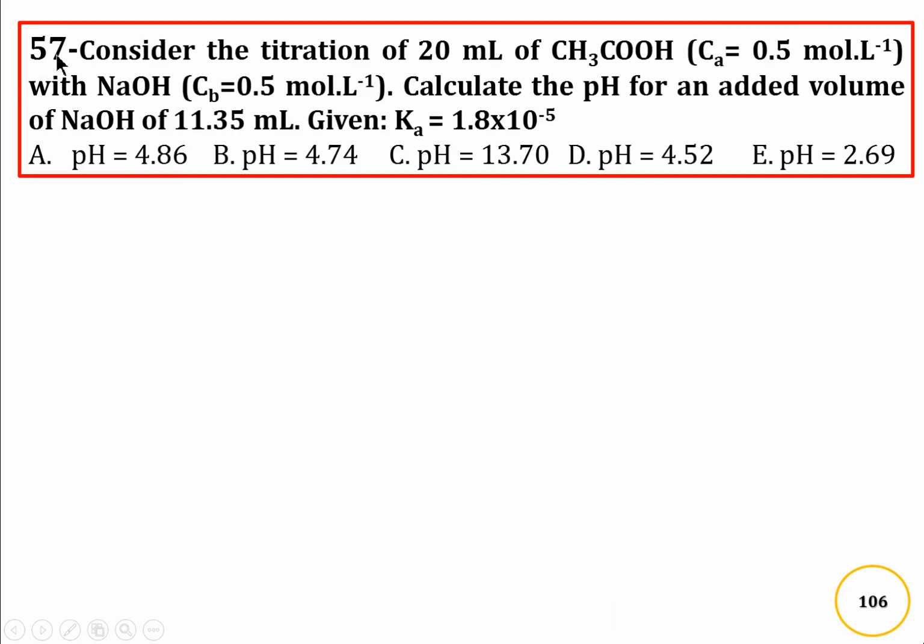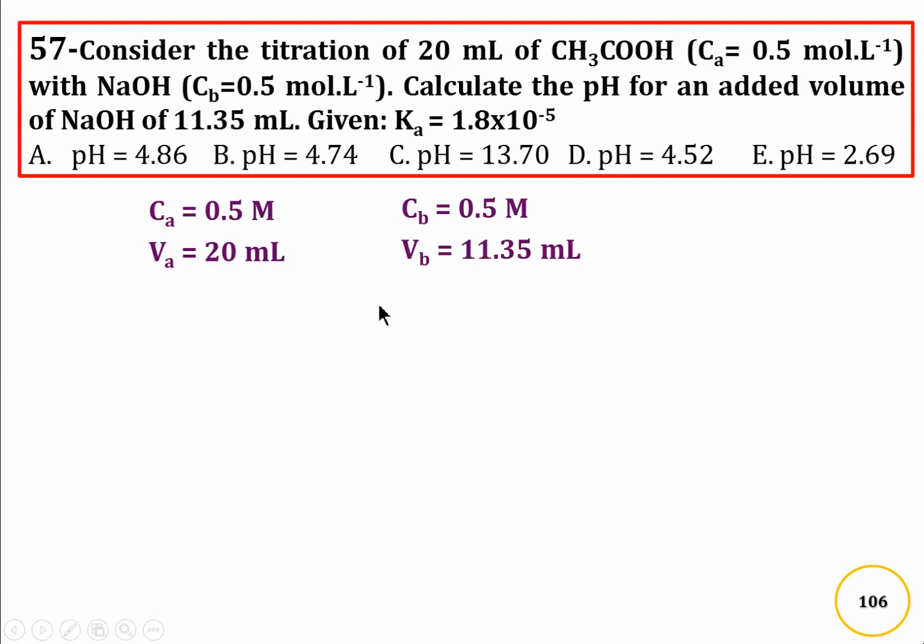Exercise 57. Consider the titration of 20 milliliters of acetic acid with NaOH, a strong base. Calculate the pH for the added volume of NaOH equal to 11.35. This exercise was studied in detail previously. We have the concentration of the acid 0.5 and the volume of the acid 20 milliliters.